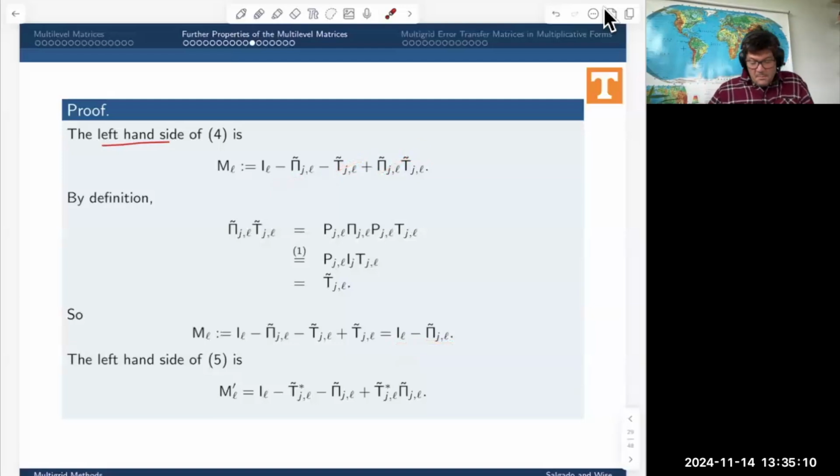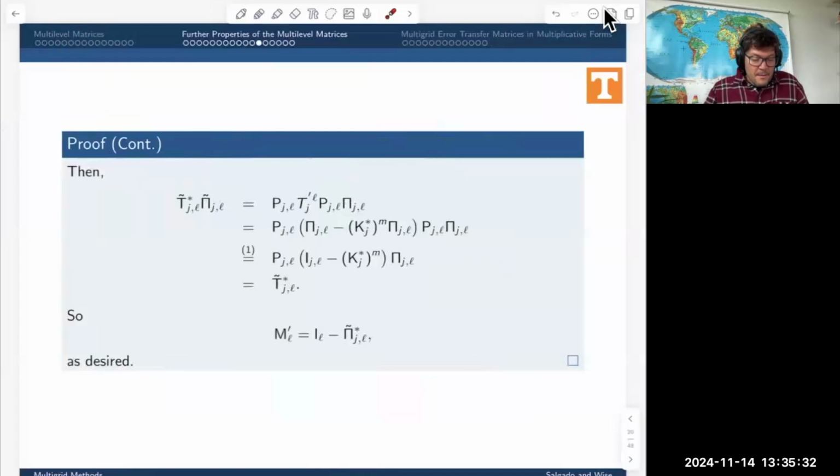Now similarly, the left-hand side of 5 is M_L prime, what we're defining as M_L prime. That's going to be I_L minus T_J^L star minus Pi_J^L plus T_J^L star Pi_J^L. Now we're going to use a definition again.